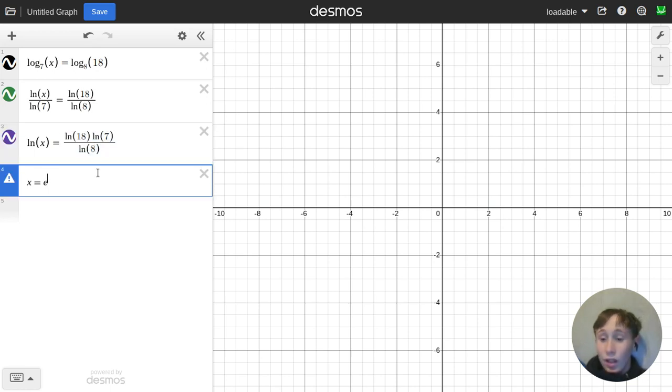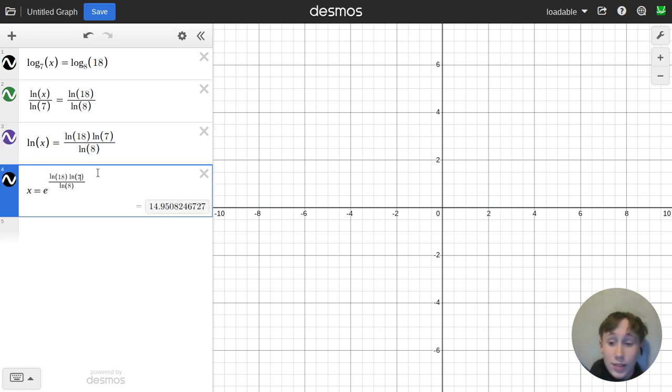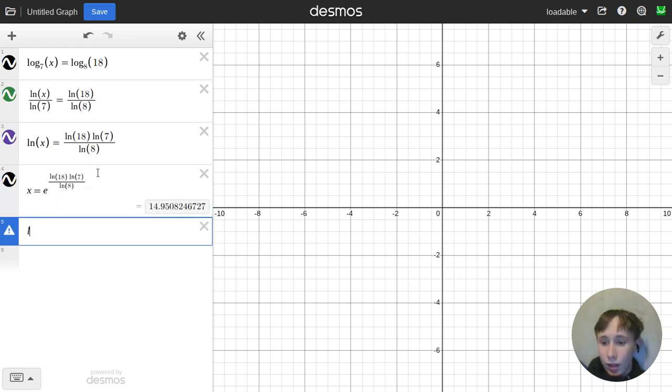Of course, since this ln, log natural, is essentially saying log base e, this is so hard to write logs in this. So log base e of x equals log base e for all this too.